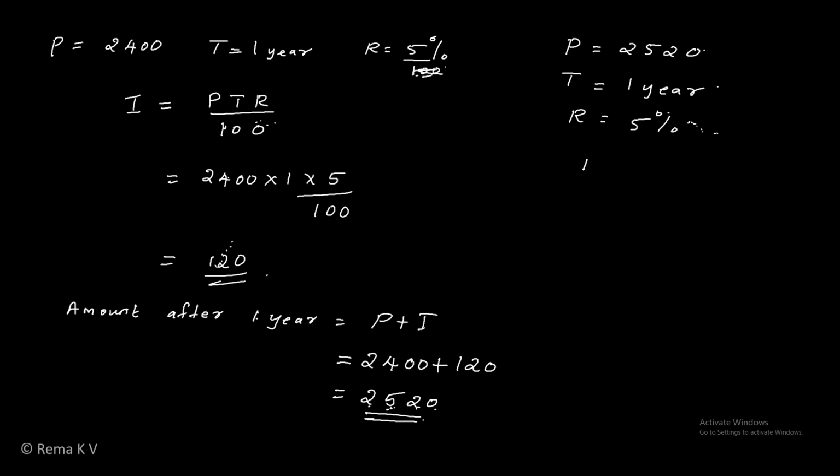You have to calculate the interest again. For this one you have to calculate 2520 as principal, then 1 year into 5 by 100. Simplify this.